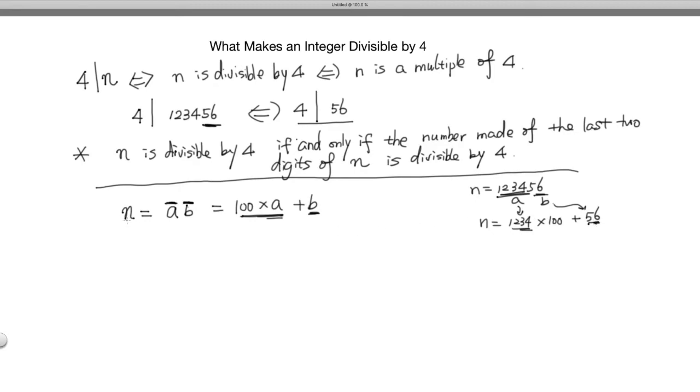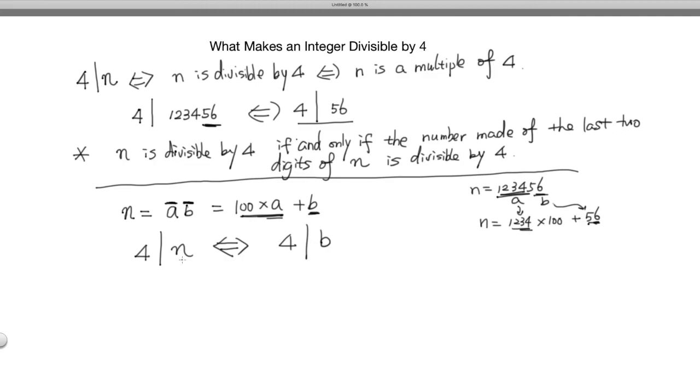If we write n equals 100 times a plus b, then the property n is divisible by 4, or using our notation, 4 is a divisor of n, is equivalent to 4 being a divisor of b.